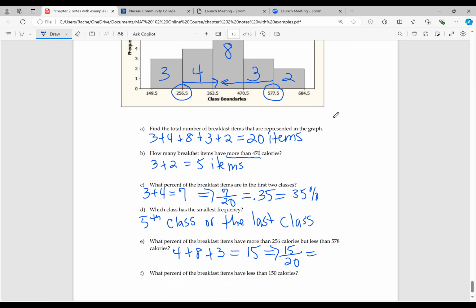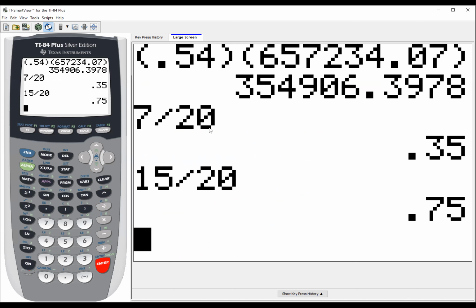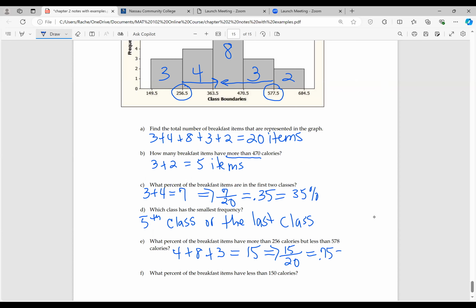So we're going to take 15 and divide that by 20, and we're going to get 0.75, which is equal to 75%. So 75% of the breakfast items have more than 256 calories, but less than 578 calories.